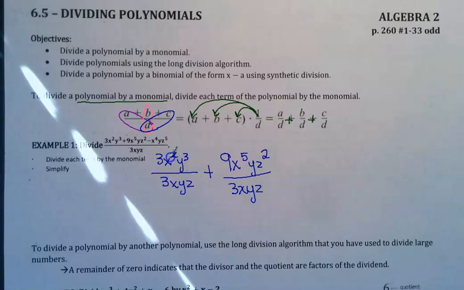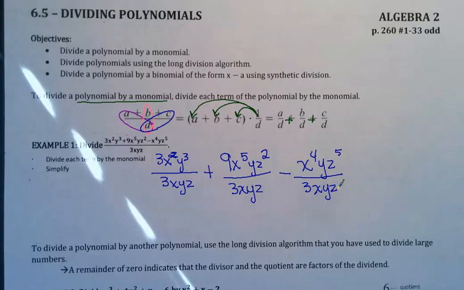We're just dividing it by our monomial. Then we have a minus sign, so we write minus, and the third term in the numerator, x to the fourth y z to the fifth, divided by the monomial in the denominator, 3xyz.